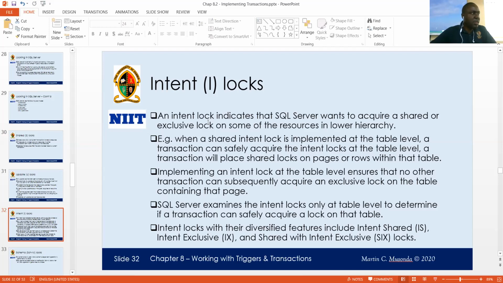For example, when it's executing a select statement, that can allow a shared lock. But immediately you are doing an update, that can be changed to an exclusive lock, in which case other transactions will not be able to access that resource.